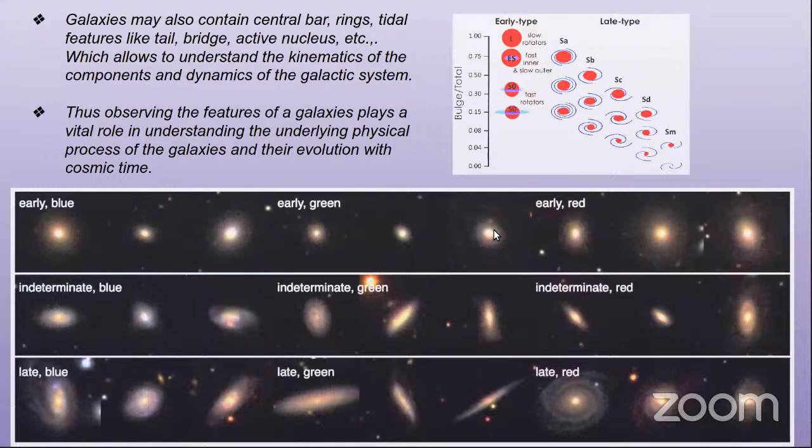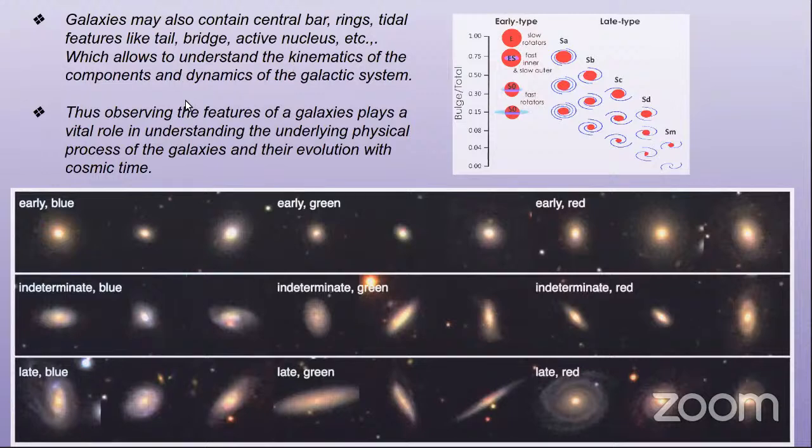These allow us to understand the kinematics of the components in the galaxy: the stars, the velocity with which they are rotating, how much the stars are concentrated, and which regions they are oriented in. All this can be understood by understanding the morphology of the galaxies.